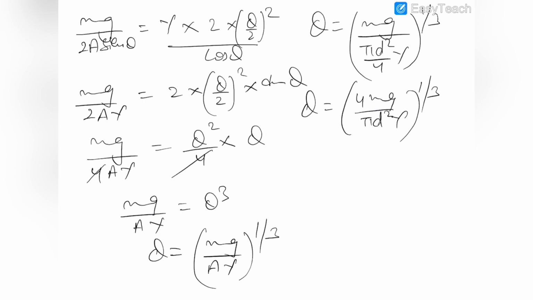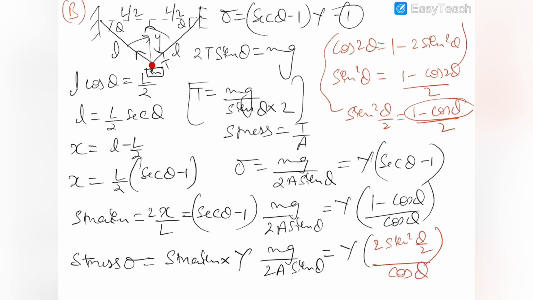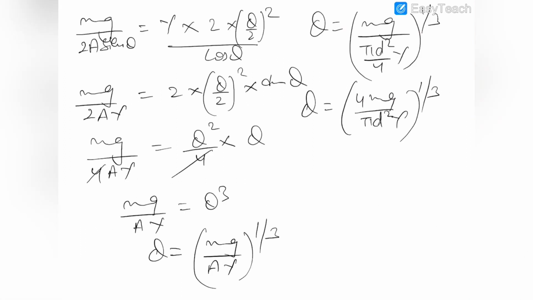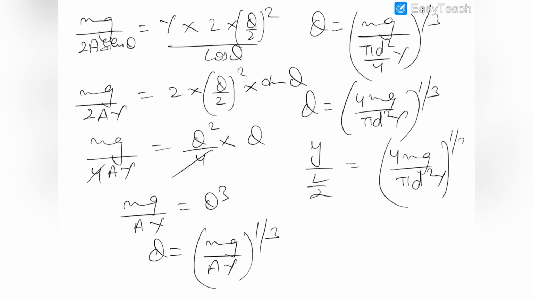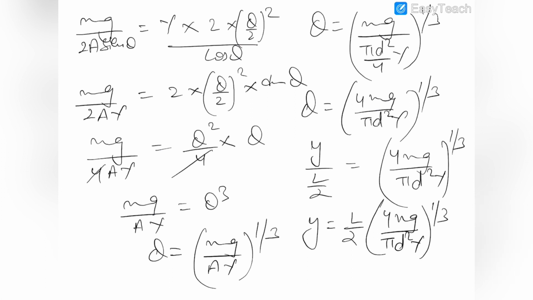Now for small angles, theta can be written as y upon L by 2. So y upon L by 2 is equal to (4 mg by pi d square gamma) to the power 1 by 3, and y is equal to L by 2 into (4 mg by pi d square gamma) to the power 1 by 3.